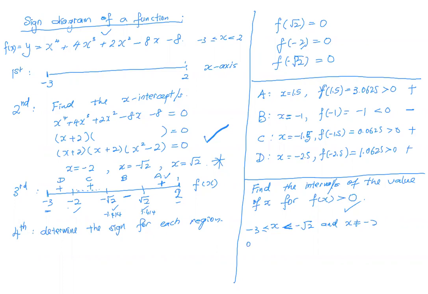Or x is greater than √2 but less than 2, because 2 is not part of the domain. So you have to be very careful of the sign. So this will be your answer. So that means the sign diagram of a given function can give us a lot of information and can help us to solve inequality.